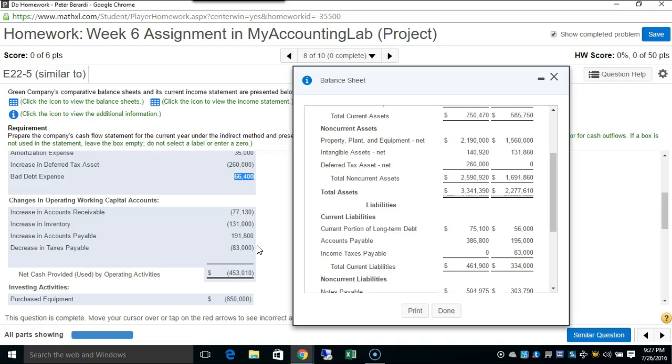So if a current liability increases, cash flow increases. Remember my little trick. If you get confused between current assets and current liabilities and whether they go plus or minus, just ask yourself, accounts payable is a credit account. In order to increase accounts payable, I have to credit accounts payable. Therefore, I'm going to debit cash, which is increased cash flow.